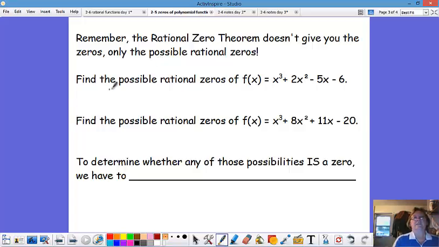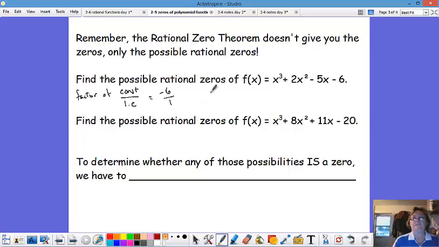It says that we should find the possible rational zeros of this particular polynomial, and we know that if they're going to occur, they're going to be some factor of constant over leading coefficient. In this case, that's -6 over 1. So they're going to be things that will multiply to make -6.